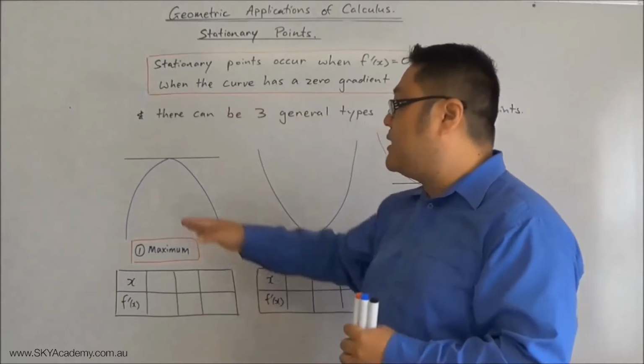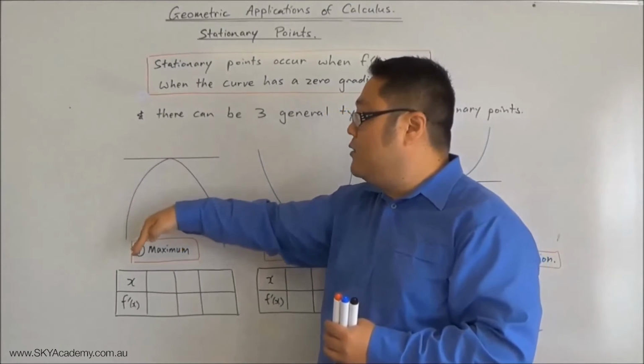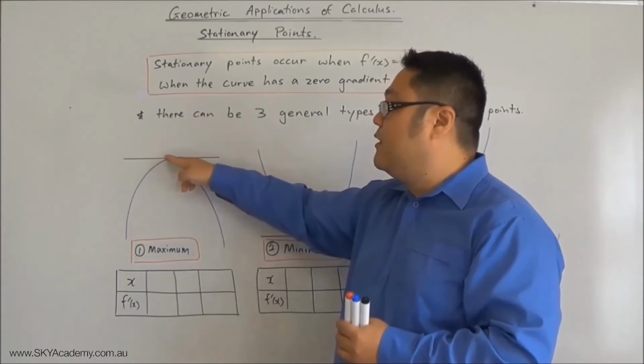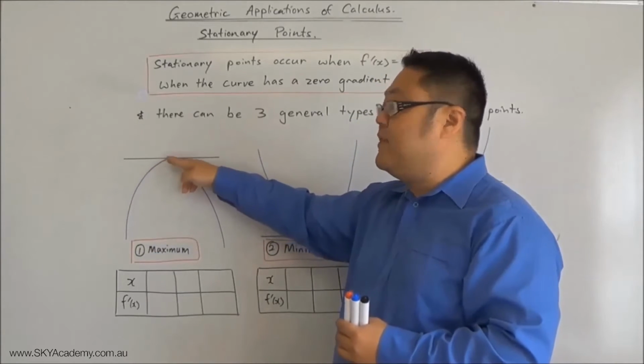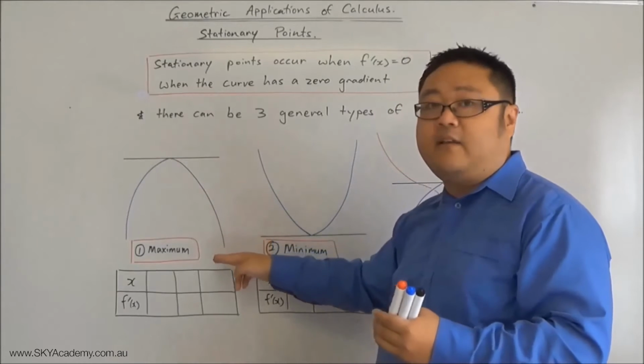So let's have a look at a maximum. It's basically where the point hits a maximum value and then turns on itself. The gradient at the very top goes from being positive, positive, positive, to zero, and then changes sign and becomes negative, negative, negative.